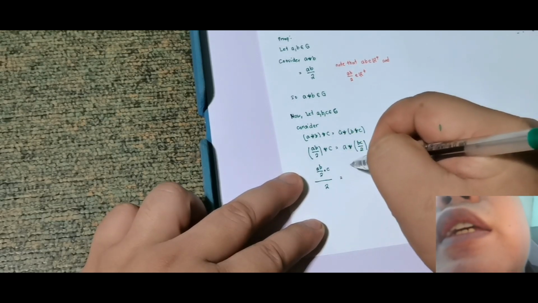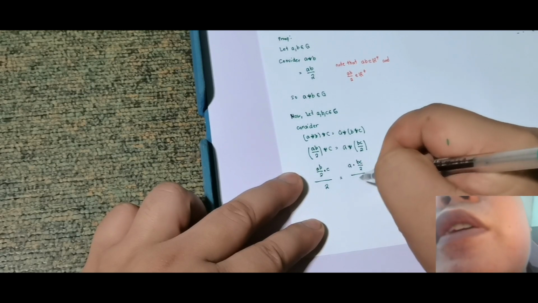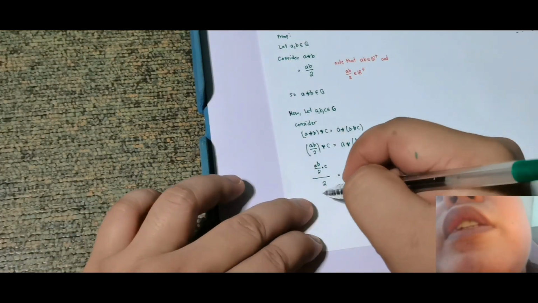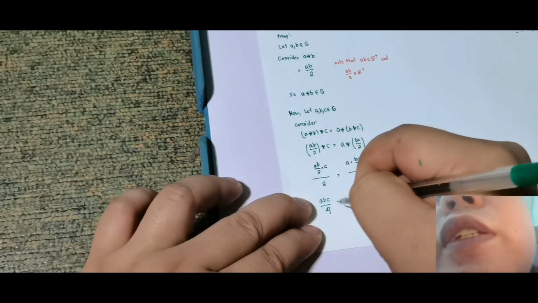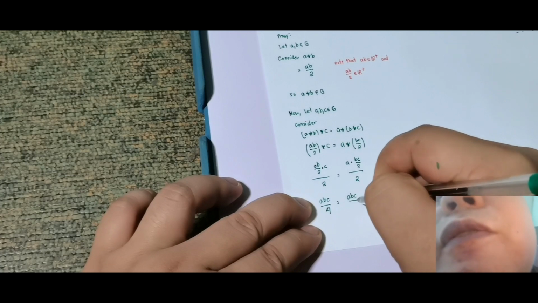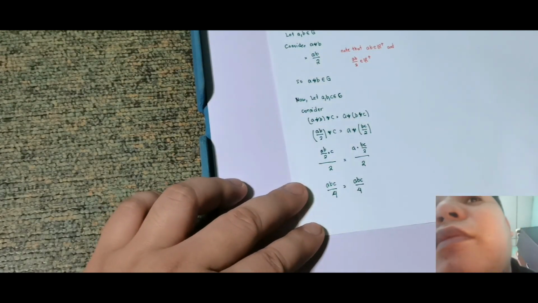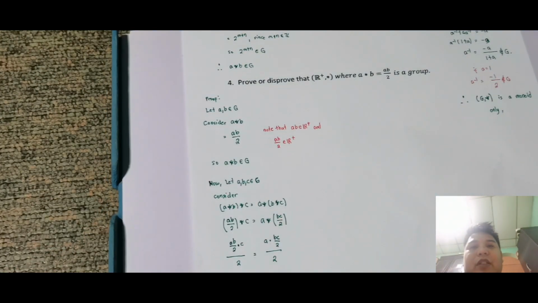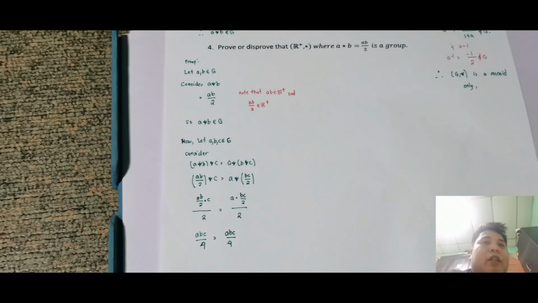Right? And this is A multiplied by BC over 2, all over 2. Okay, so we are still following the pattern. Next, we just manipulate. It is obvious that this is ABC over 4 equal to ABC over 4. So that means it is associative. Okay, so next, we will do something that will make us angry.